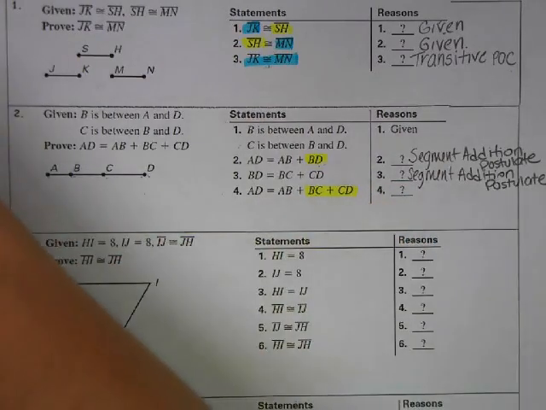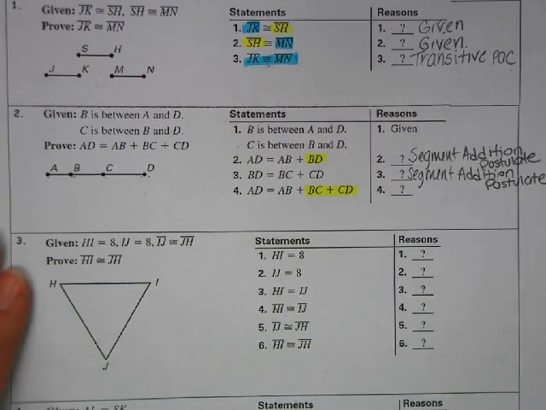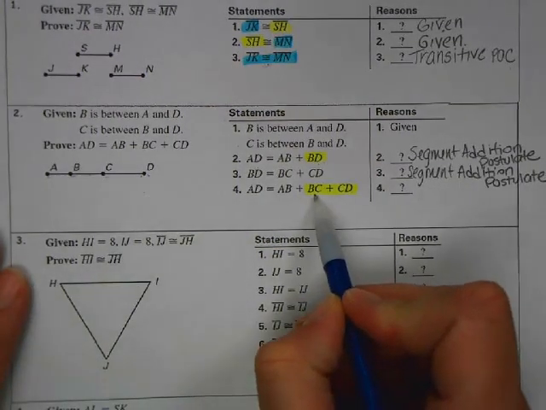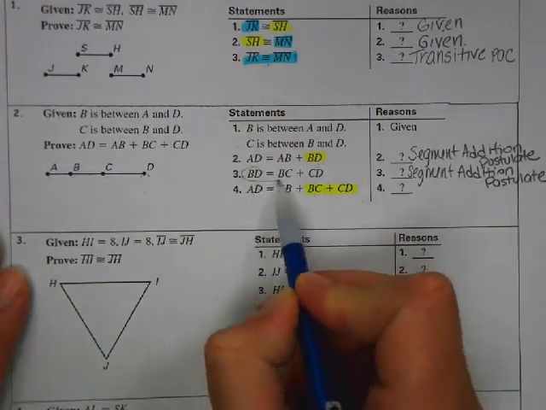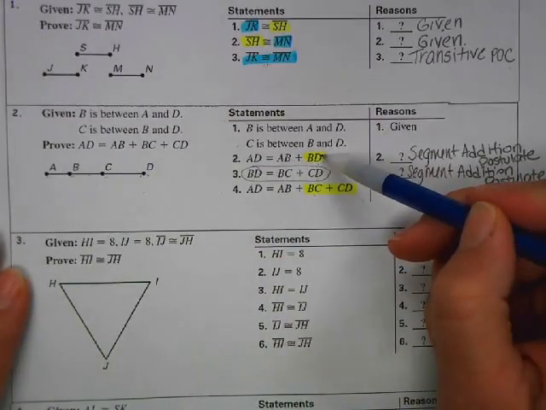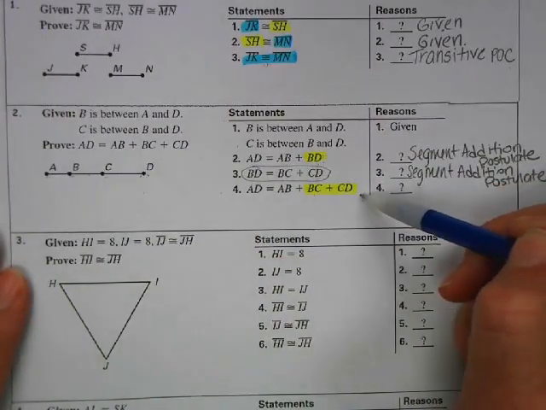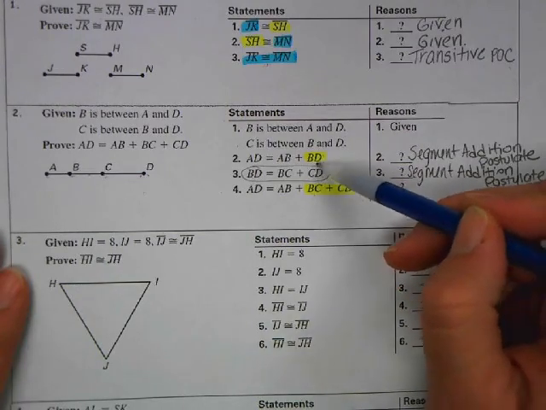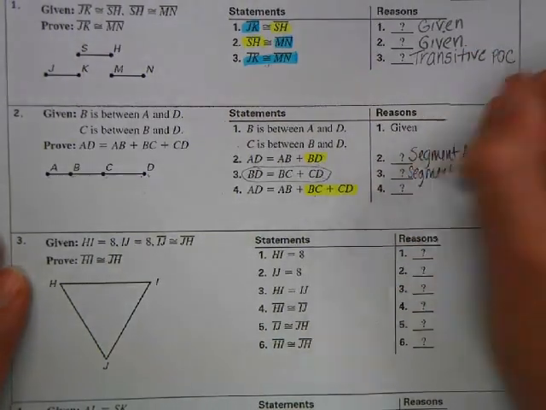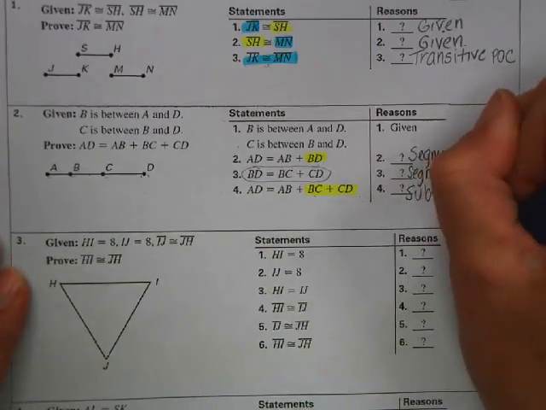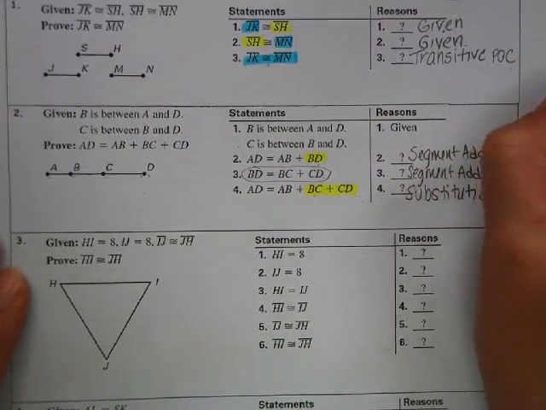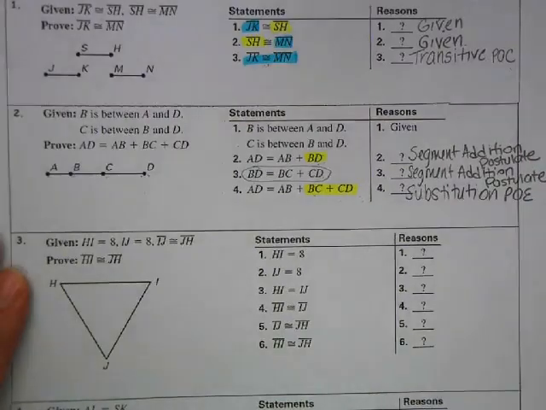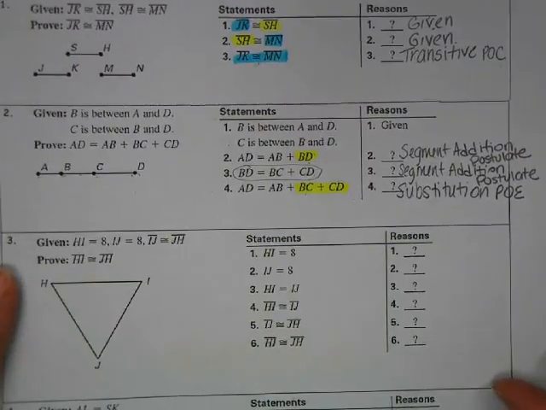It was replaced. And the reason why it was replaced with BC plus CD is because they're equal. BD is equal to BC plus CD. We said that in step 3. So if you replace something, that's substitution. So it's substitution, property of equality.